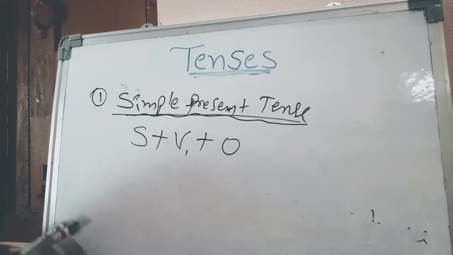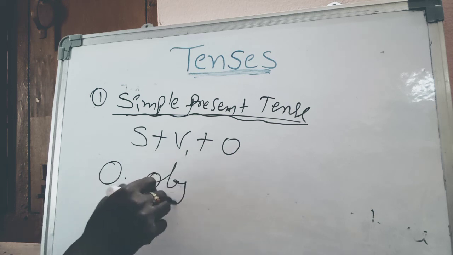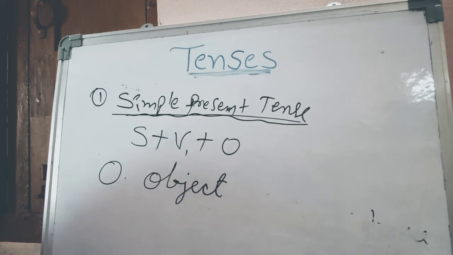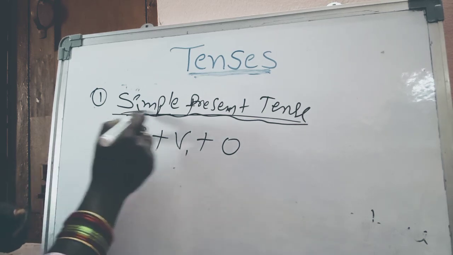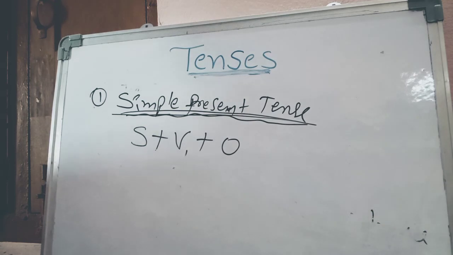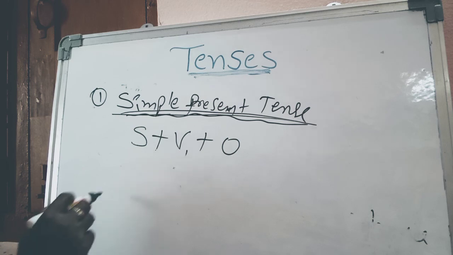Next, O means object. So we are talking about simple present tense. See examples of simple present tense.